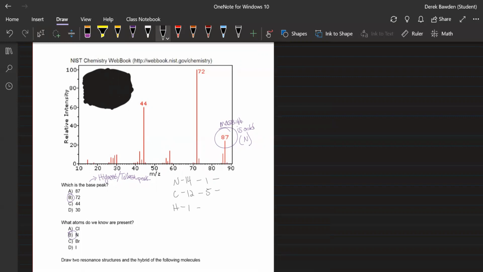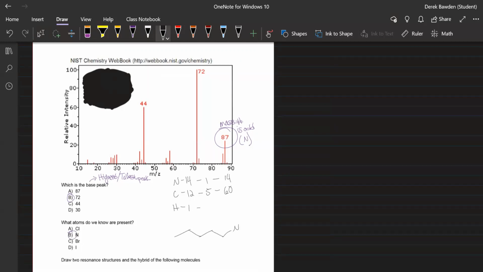Okay. And then our mass is 14, 12 times 5 is 60, right? We don't know how many hydrogens there's gonna be, but let's just try to draw a molecule here. So we've got a 5 carbon chain, and then a nitrogen. Okay.